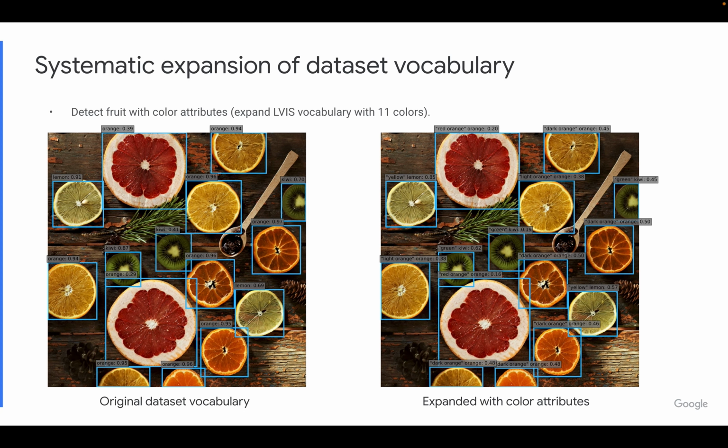The left figure shows the detection results on the original dataset vocabulary, and on the right, we show the results after expanding the LVIS vocabulary with the 11 colors. We show that WILD performs really well on detecting these color attributes, and most detection datasets do not have object attribute annotations. Our method shows a simple way to systematically detect object attributes.